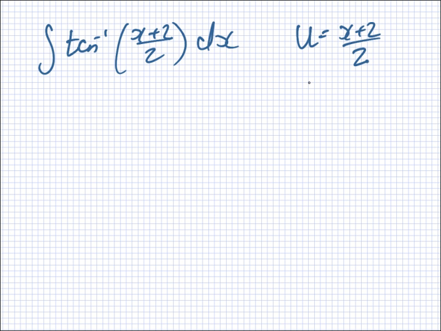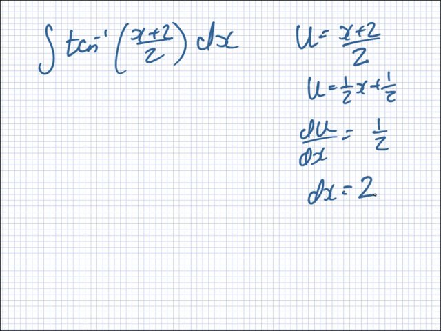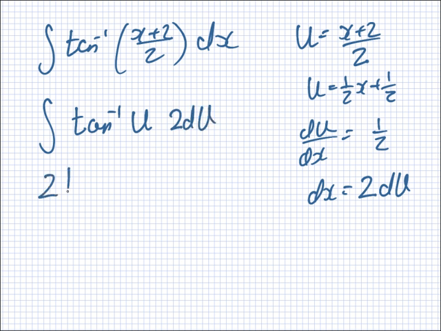So that means u equals a half x plus a half. So what's du dx? A half. So what is dx? 2 du. So this becomes integrate tan inverse u times 2 du. So let's just get that 2 out in front. 2 tan inverse u. We're trying to integrate du.